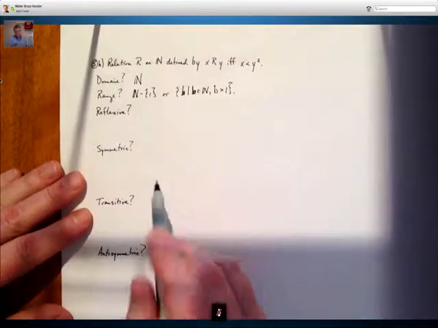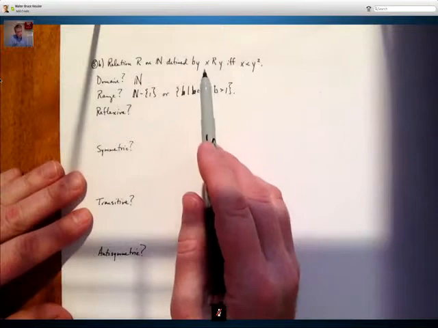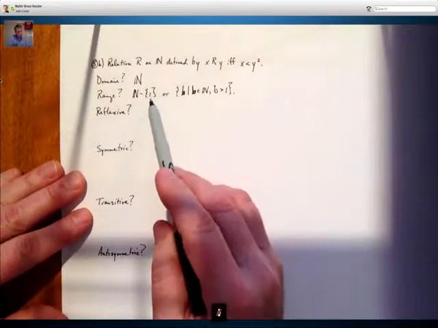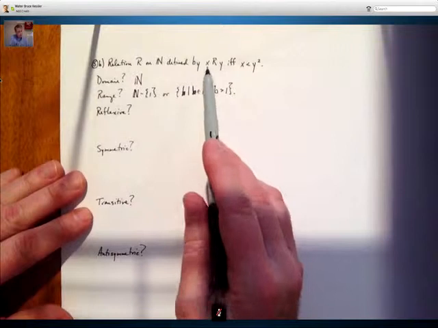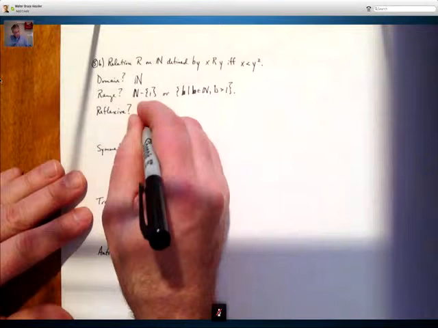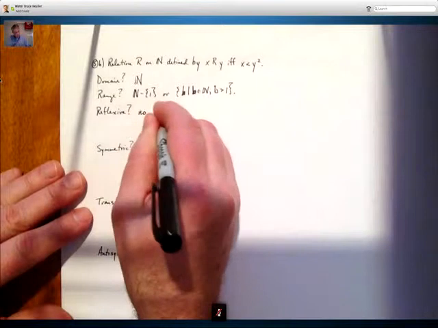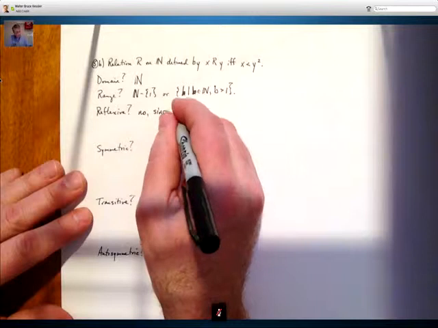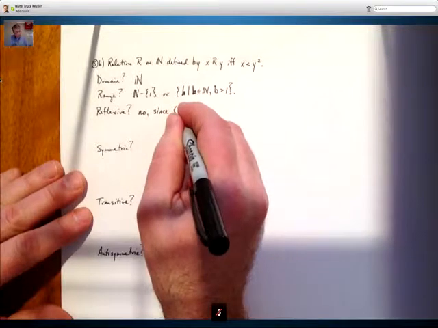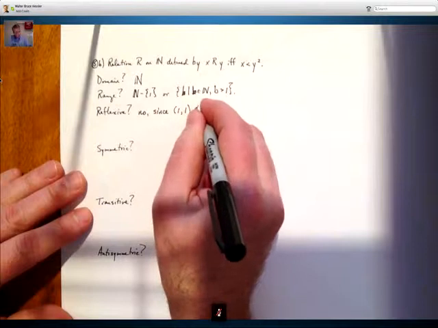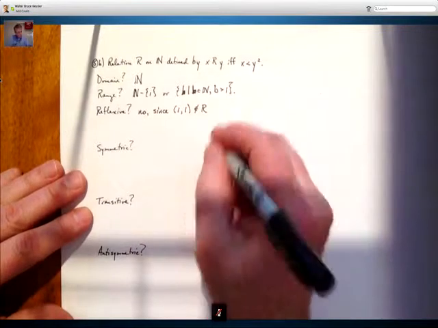So is it reflexive? Well, can I put 1 in here? I don't think so. Right? The fact that I have to take 1 out of my range is a pretty good tip-off. 1 is not going to be less than 1 squared. So no, since 1 is not an element of the relation.